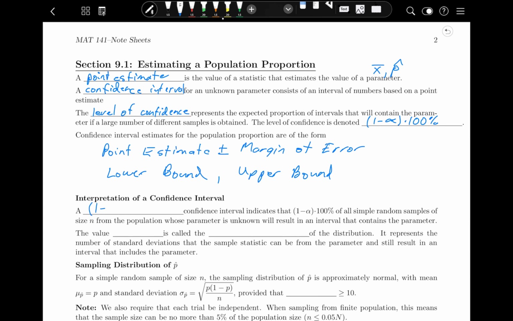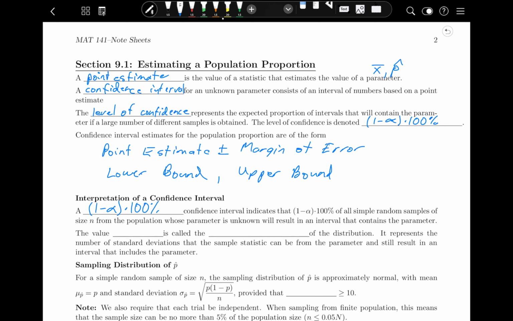A 1 minus alpha times 100% confidence interval indicates that 1 minus alpha times 100% of all simple random samples of size n from the population whose parameter is unknown will result in an interval that contains the parameter. For example, if I was doing a 95% confidence interval, that means that 95% of all the possible samples that I make a confidence interval for should have the parameter in it.